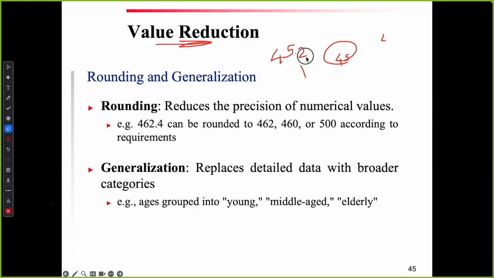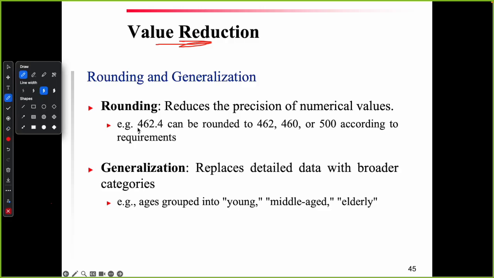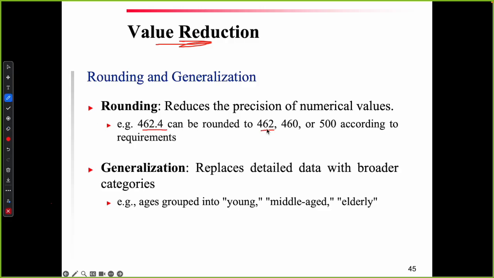So one method is rounding, and you can round in different ways. You can round this number so that it becomes 462, or just 460, or even 500, according to your requirement.